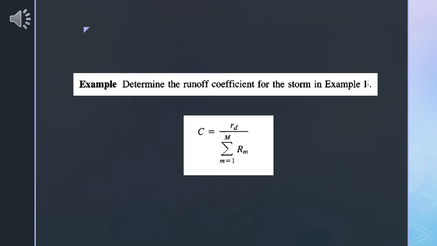The second example is to determine the runoff coefficient for the storm in example 1, the previous example. To calculate the runoff coefficient, we use this formula: C is equal to the runoff depth over the total rainfall event.